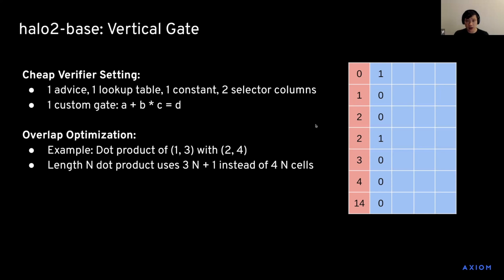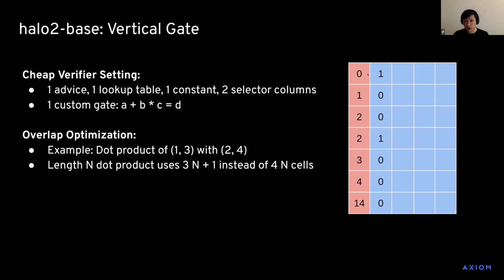As you can see here, we're computing the dot product of (1, 3) with (2, 4) by turning on a gate in the first 4 cells. So we have 0 plus 1 times 2 equals 2. Then we turn on a gate in the last 4 cells. So we have 2 plus 3 times 4 equals 14. Here we've used our single custom gate 2 times.